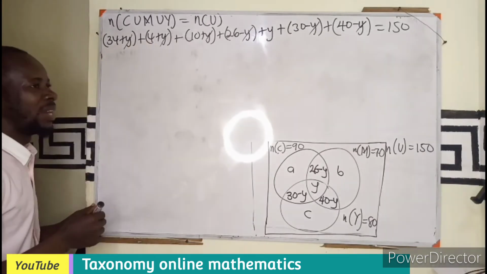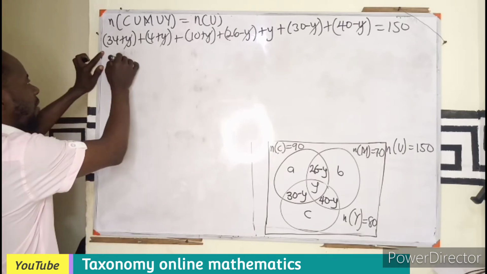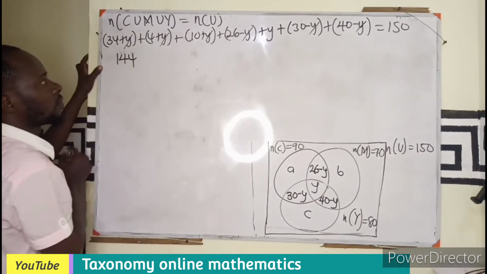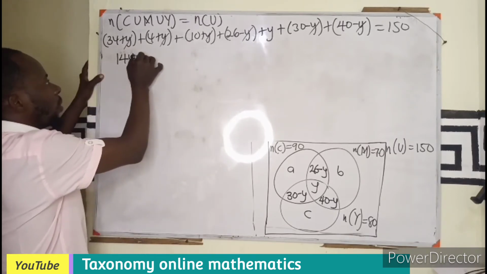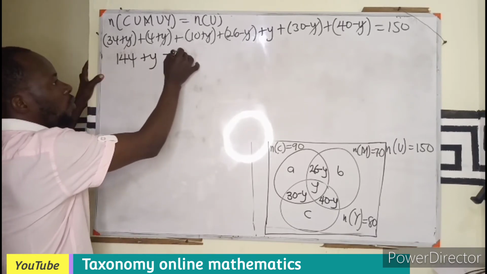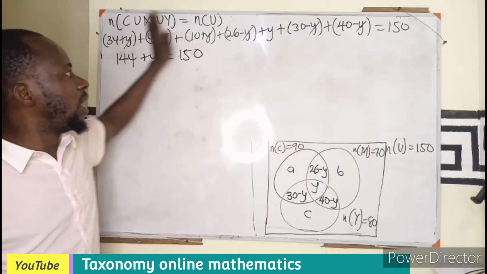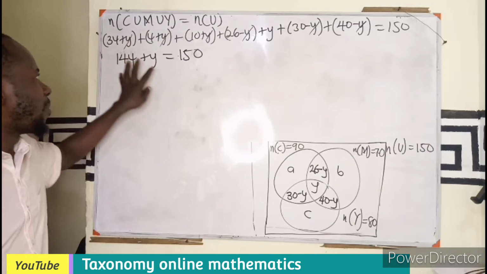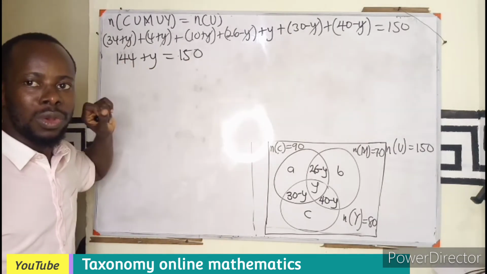Then 144, I guess. So it means I'm going to have 144. There is no other variable except this. So plus y equals to what? 150. So all these plenty things we are seeing is just summarized to become 144 plus y equals 150.